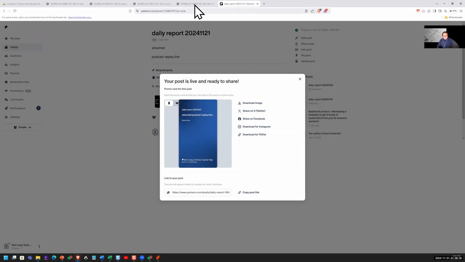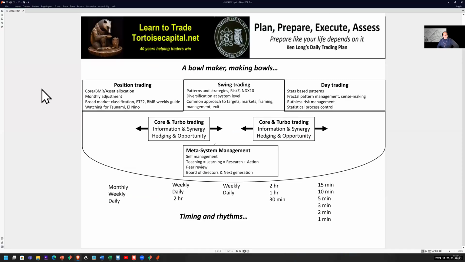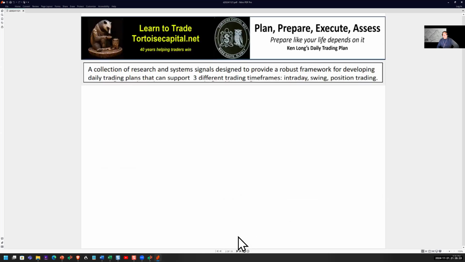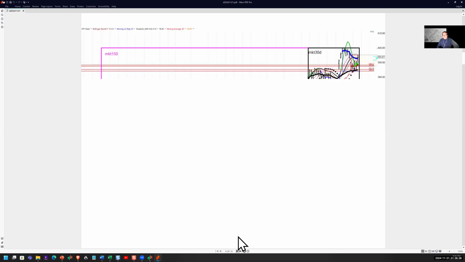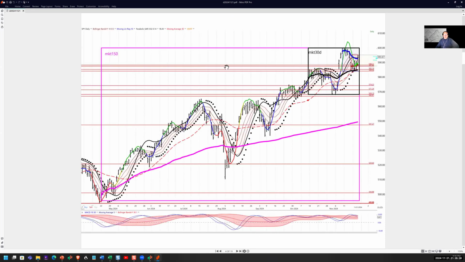All right, we'll take a quick look at the daily. See what we got here. So the 150-day look back, we had the Trump bump right here, and we've got the RL10 turning, and it closed pretty well.